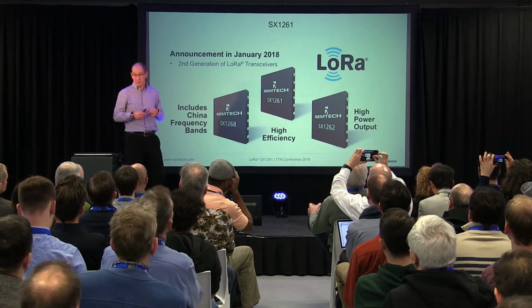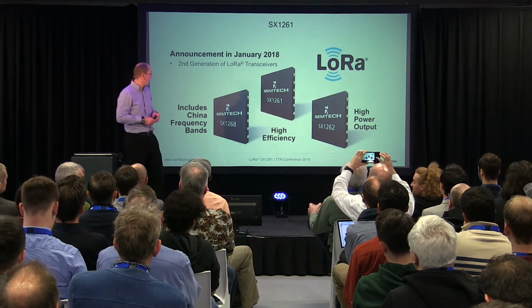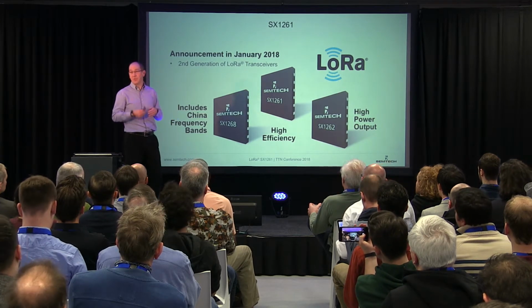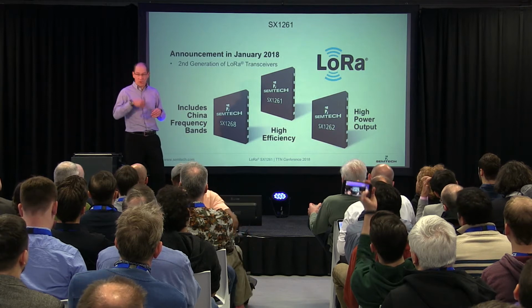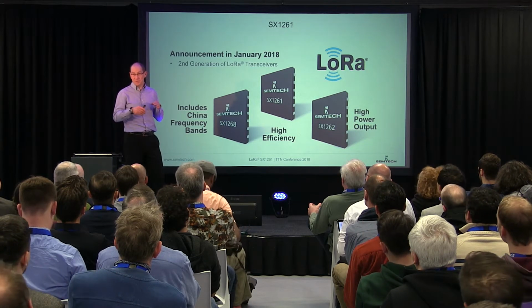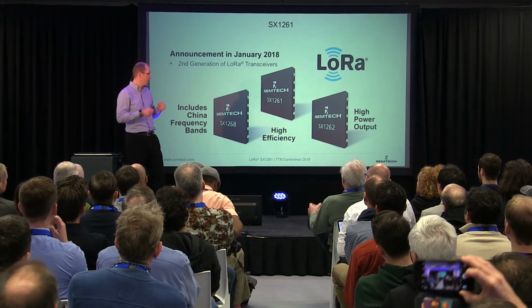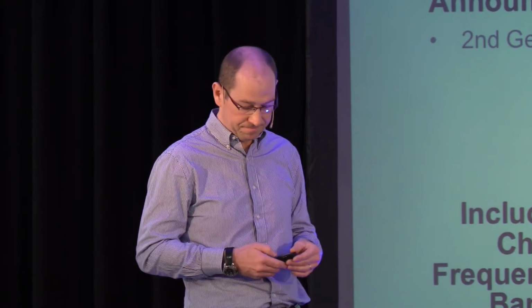Reduced current consumption, we divided by 2 the current consumption in RX mode. We have the 1261 for high efficiency, up to 15 dBm, the 1262 for high output power, 22 dBm, so 140 milliwatts if you need high power, and for the Chinese bands, a dedicated device, the 1268.